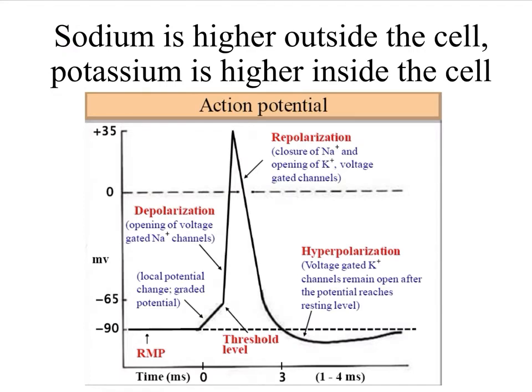So here's a better graph showing what an action potential looks like, and it's got it broken down. This is a chart that you're going to need to know, at least for the nervous system part. But again, what this is showing here is that you've got a stimulus being applied. This is representing your resting membrane potential. Stimulus is applied.